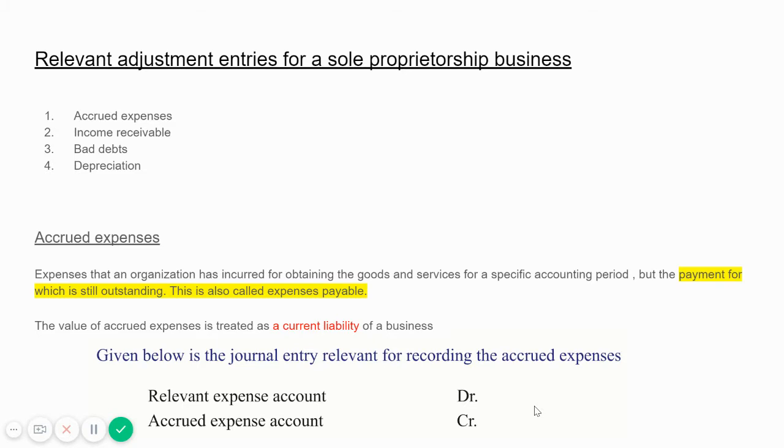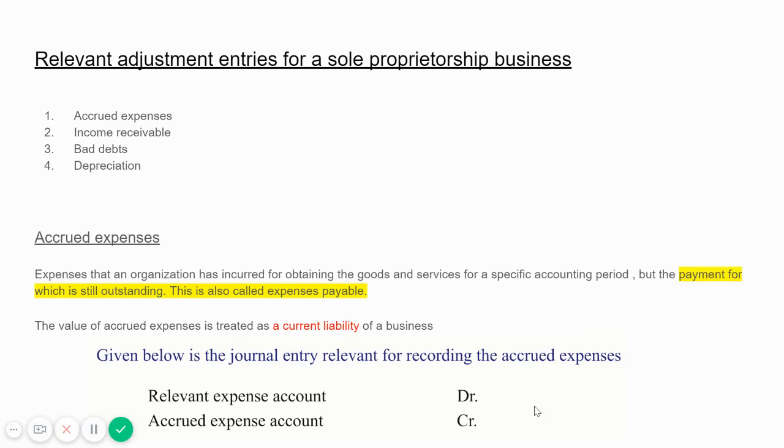The second one will be the income receivable adjustment, and the third one will be the bad debts adjustment, and the last one, the adjustment for depreciation. So in my next few videos, I will be paying my attention towards these four types of adjustment entries, which you will be tested at the ordinary level examination.